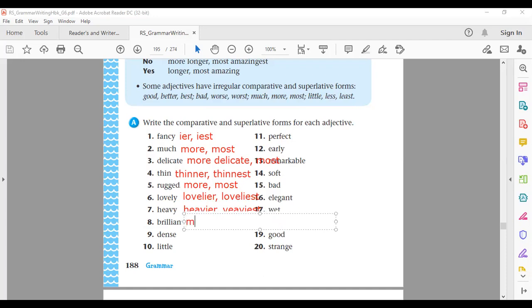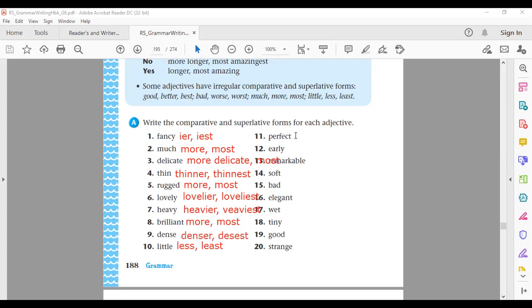Brilliant, it becomes more brilliant. Excellent. Dense, it becomes denser and densest. Little, it becomes more little? Less. Least. This is irregular.